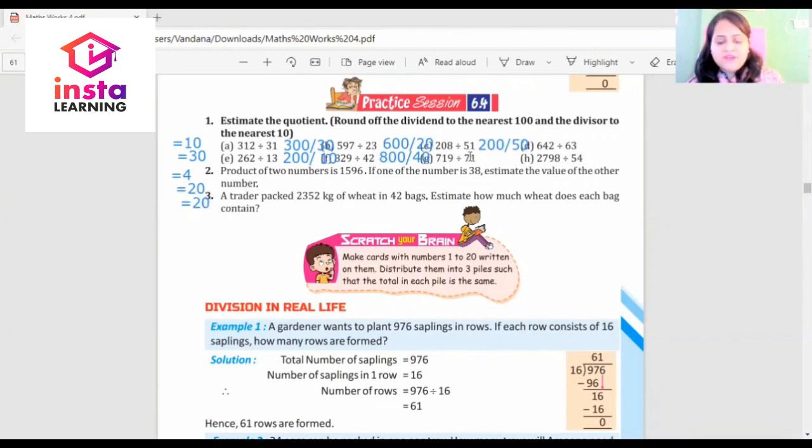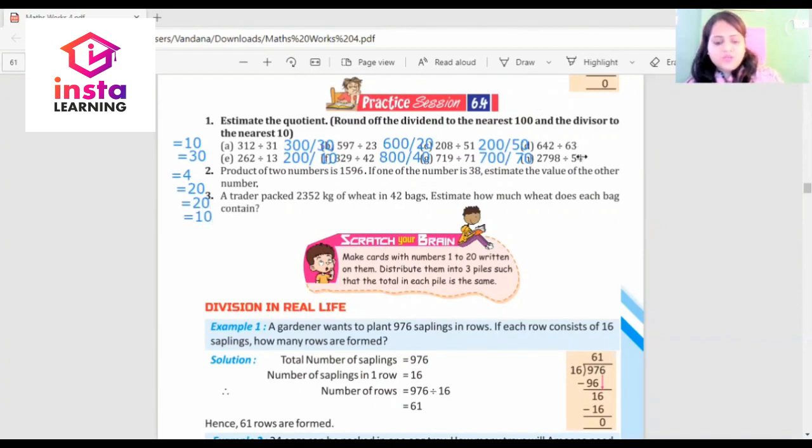Now 719 round off to the nearest 100. You will get 700 divided by 71. It means you have to round off to the nearest tens. So you will get the answer 70. The answer is 10. Very good. Now this is your number 2798.